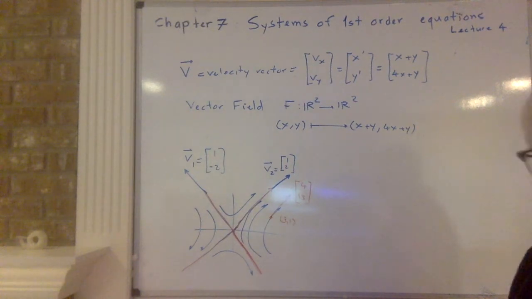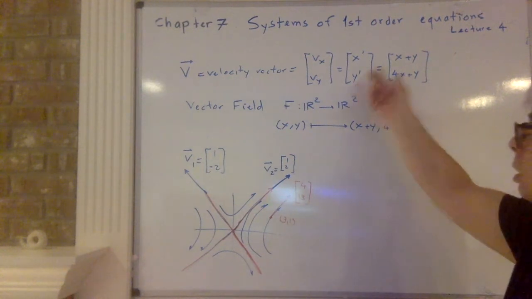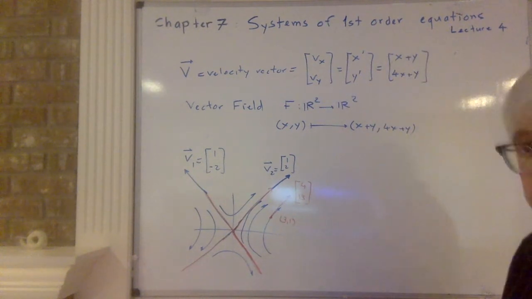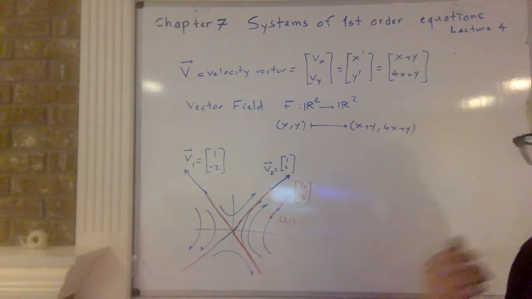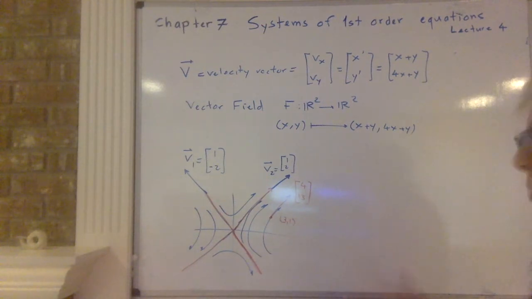Okay? So physically speaking, this system of equations means something like this. You can interpret that in this way. Given the velocity vector, find x and y as functions of time. That is the motion of the particle as a function of time. Okay?